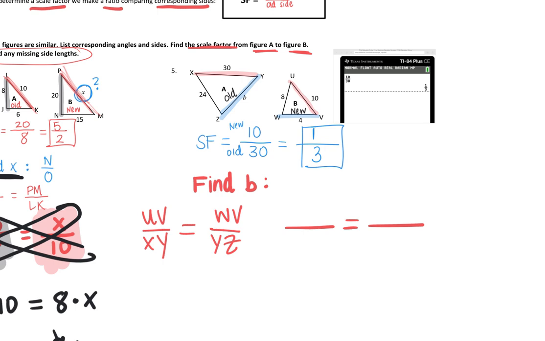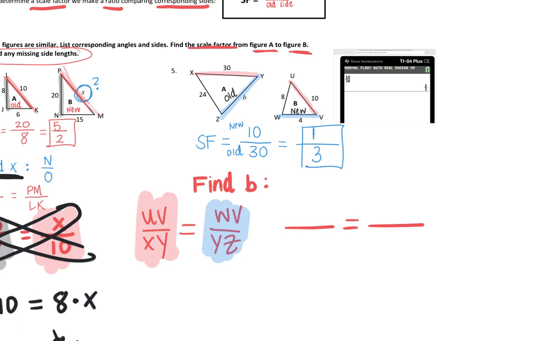Okay, it's new over old. I'm just using the corresponding sides. Maybe if I highlight this a little bit. So this is my, oh, and I did it wrong already. This is my blue side, and this is my red side. Okay, so again, 10 should be at the top.